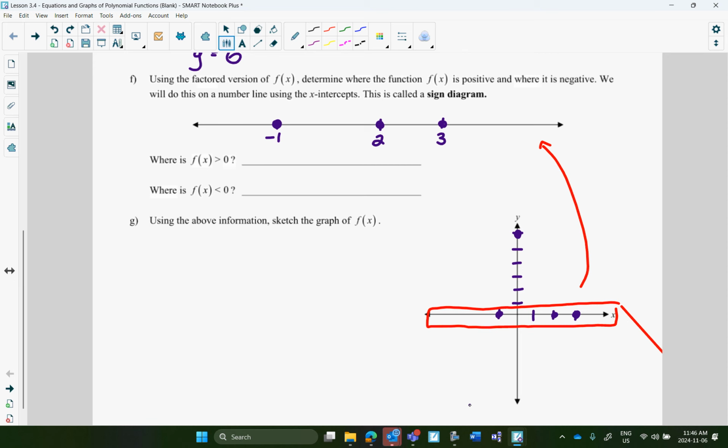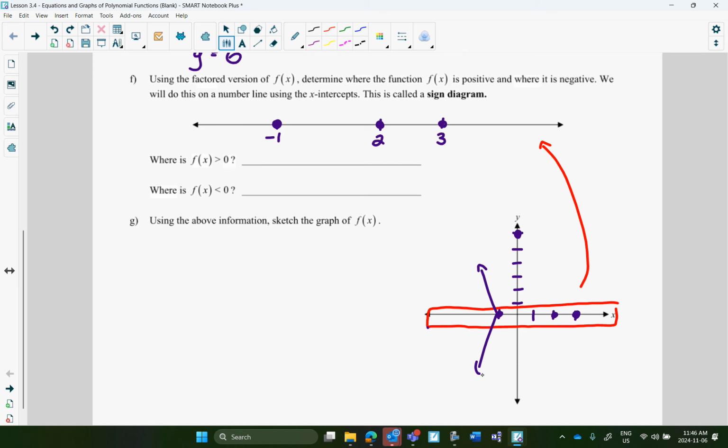I know that my graph is going to go through all these points. But the question is, does my graph go like this? Or does it go like this?